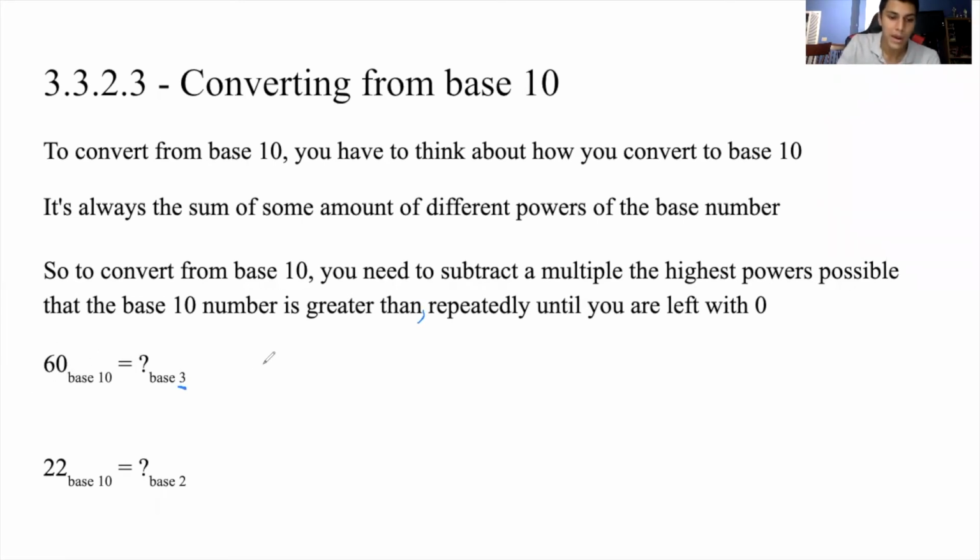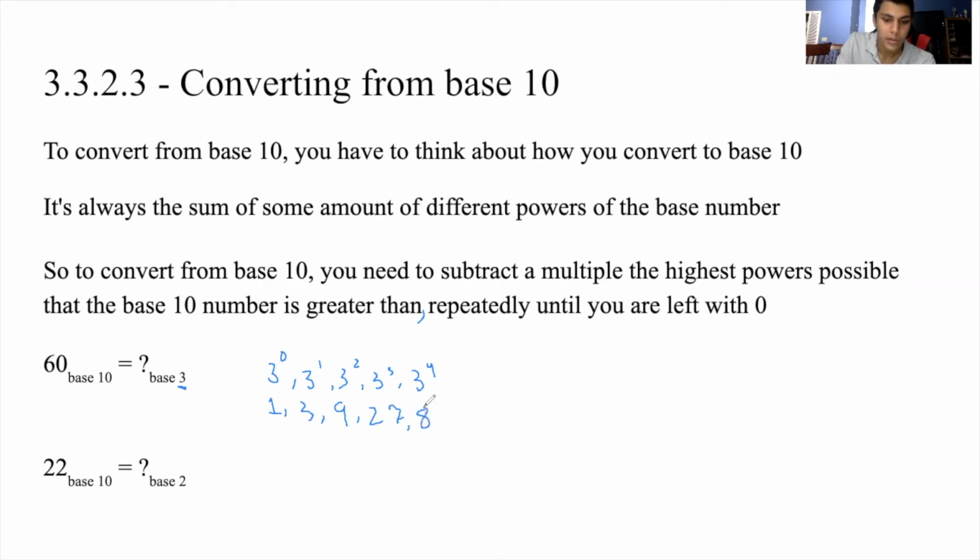Okay, well, so powers of 3. Let's see. We have 3 to the power of 0, 3 to the power of 1, 3 to the 2, 3 to the 3, 3 to the 4, and I'll stop listing them out right there. So these different powers, when you actually multiply it out, are 1, 3, 9, 27, and 81.